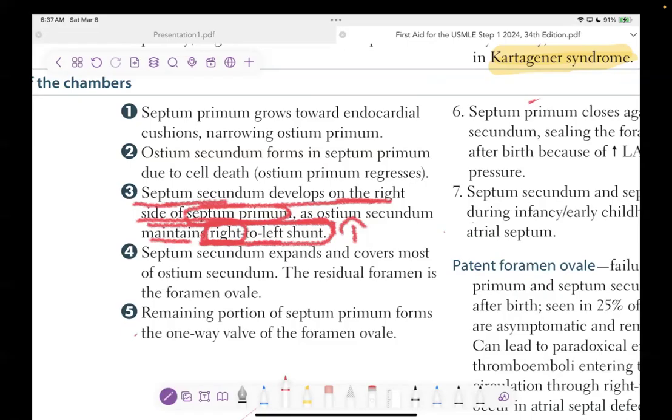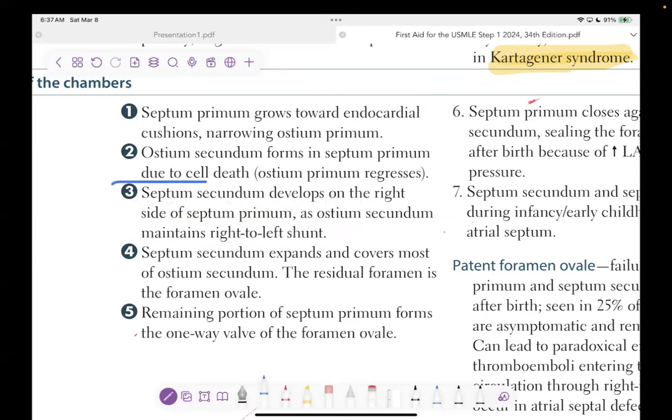So the right side of the heart has the umbilical vein, which brings oxygenated blood from the mother to the right atrium, and the right atrium pushes the door away. Which door? The septum primum, because it has a lot of pressure and it can push the door, right? And all the blood goes from right to left. This is called right to left shunt.